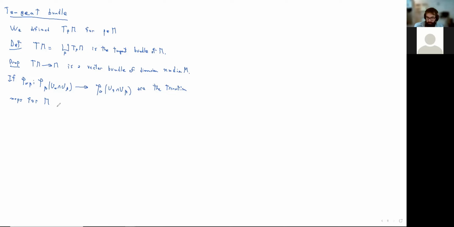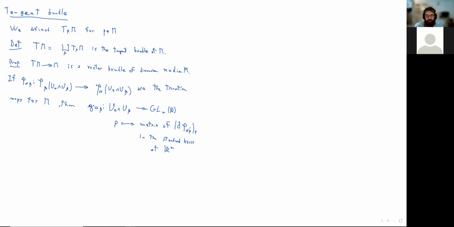So if these are the transition maps for M, then the transition maps for the bundle are given by: we send P to the matrix of the differential d phi alpha beta at the point P in the standard basis of R^n.